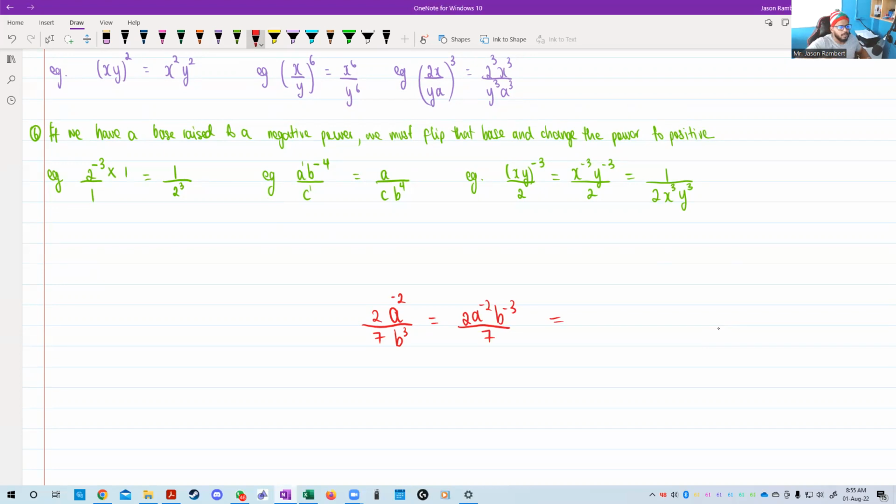If I move the a below, the power on the a must change, over 7a squared. If I want to move the 7 on top, 2b to the -3, 7 to the -1 over a to the power 2. If I wanted to move the 2 below, b to the -3, 7 to the -1 over 2 to the -1 a squared.